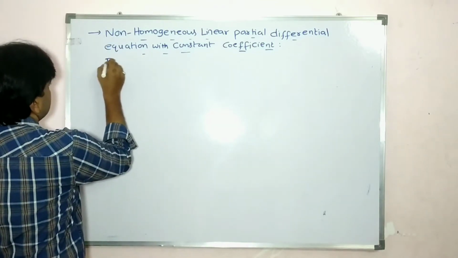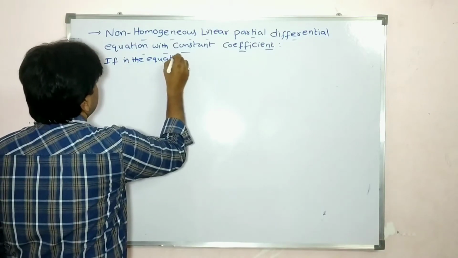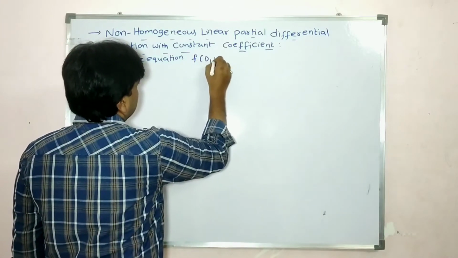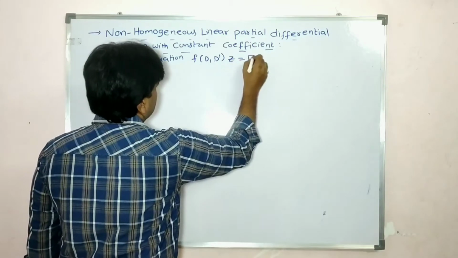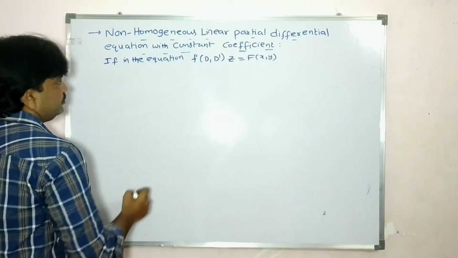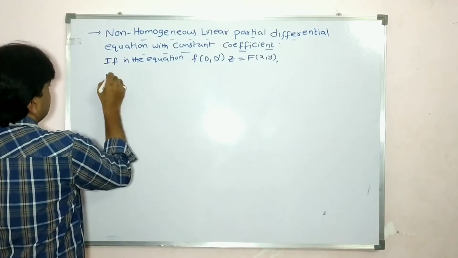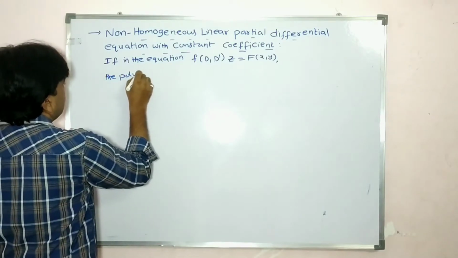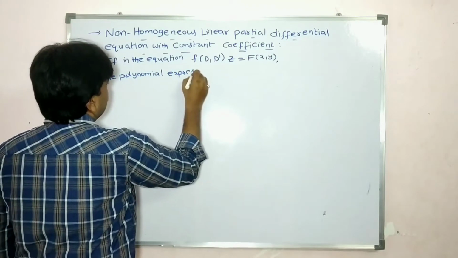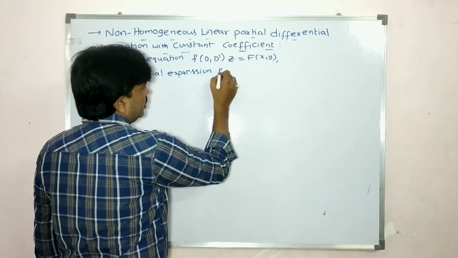What is the equation, students, previously? F of D comma D dash into z is equal to f of x comma y. Now, what is the polynomial expression here?